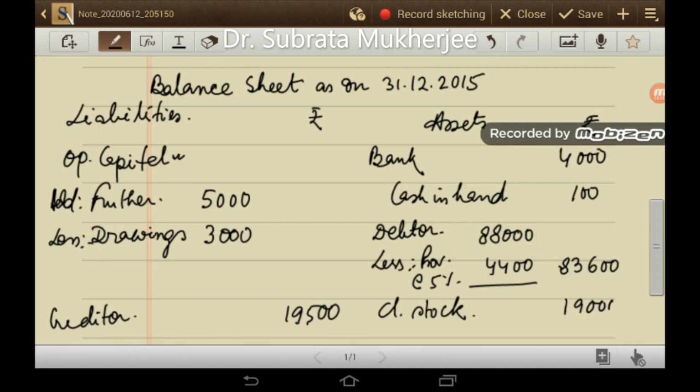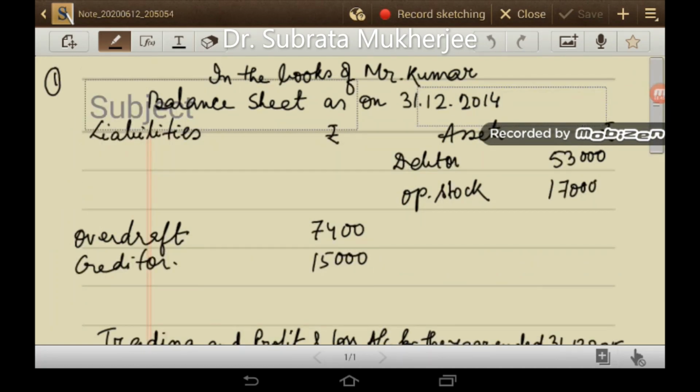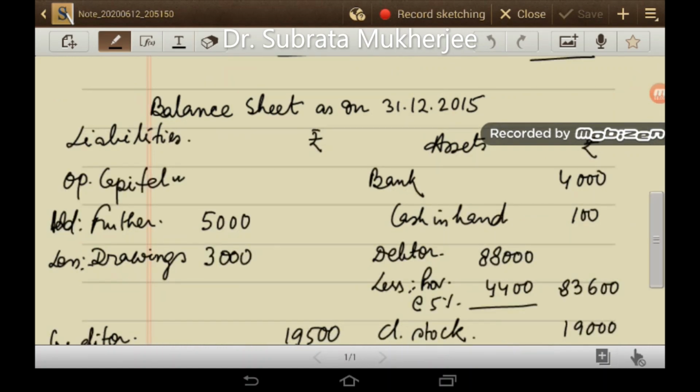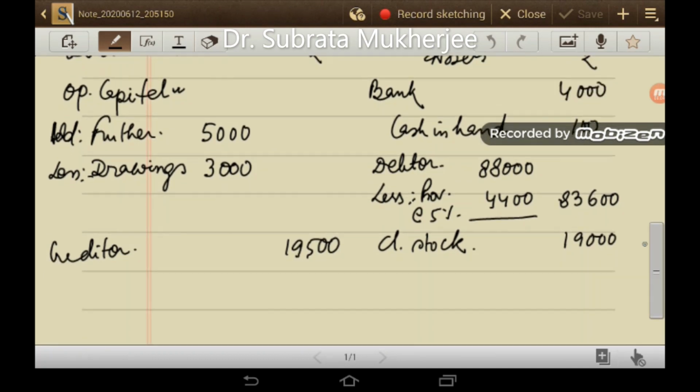Next item is plant and machinery. So the opening balance of plant and machinery is appearing on the asset side for rupees 20,000. So there is no purchase or sale, and the closing balance will appear in the closing balance sheet. So in the closing balance sheet I am writing the closing balance of plant and machinery.